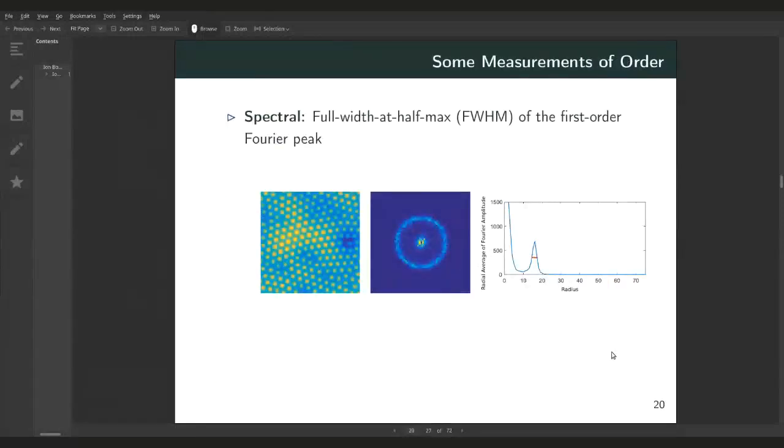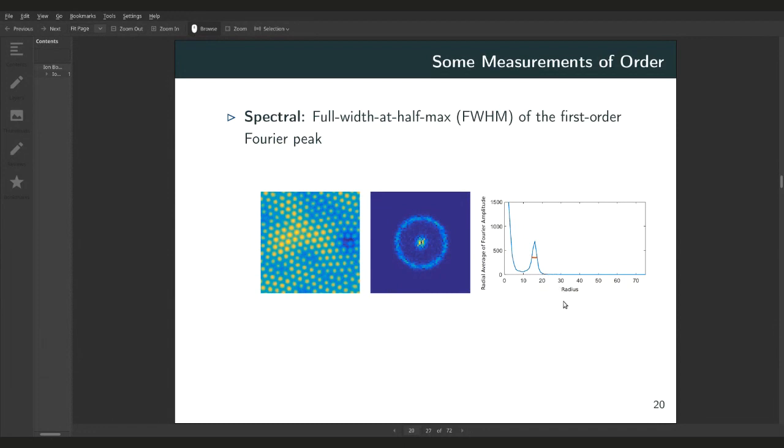If we want to quantify this order, let's talk about some of the tried and true methods that people tend to rely on in this field. The first one is fairly standard, the spectral method. You take the Fourier transform of your surface, radially average it, and measure the width of the first order Fourier peak.